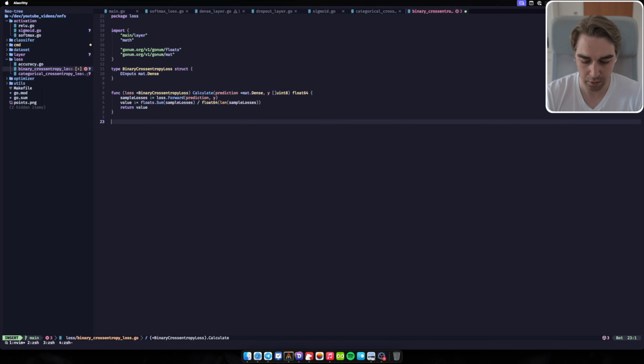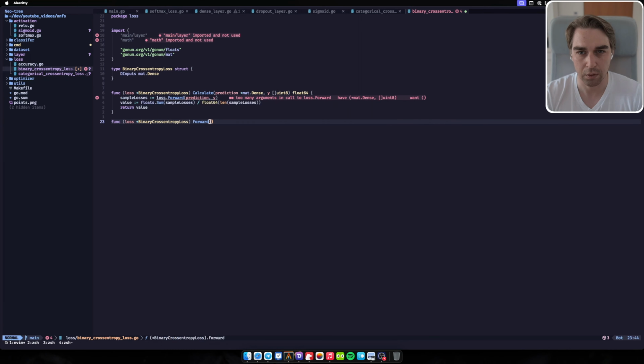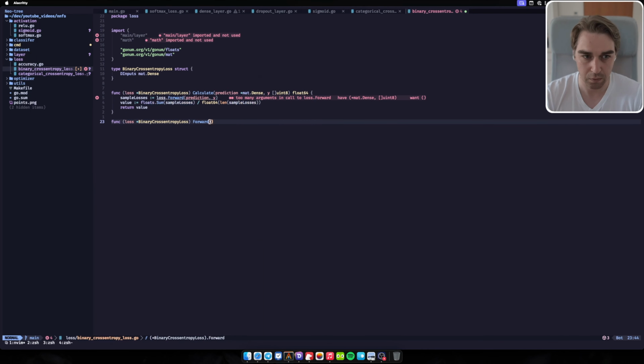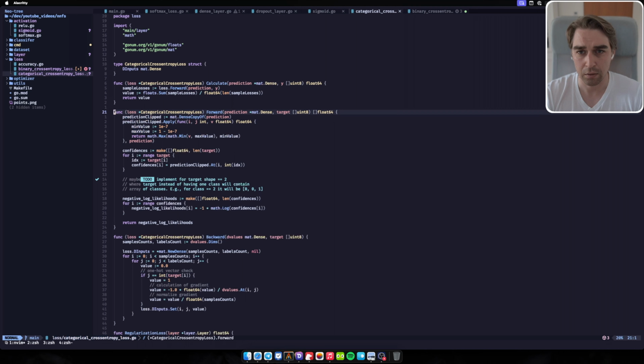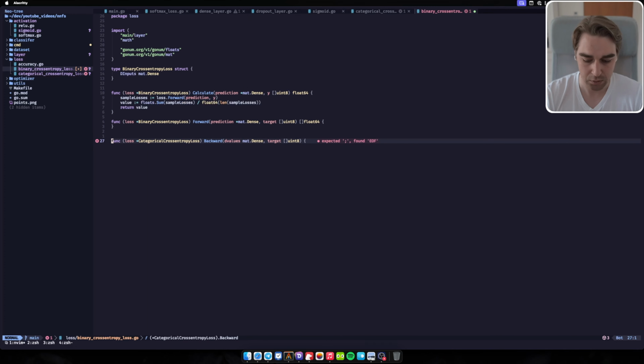Okay, and then we will have forwards that will take the predicted and true values. It's basically this one. The only difference is we will have the binary. And again, then we have the backwards. Should be the same.